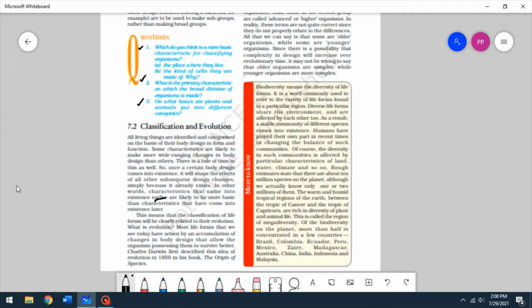So characteristics that came into existence earlier, in this case, would be basic thinking capacity, like differentiating between what can be eaten, what is edible and what is not edible, right? That is the basic thinking capacity. And they're likely to be more basic than characteristics that have come into existence later. What came into existence later? Complex thinking capacity came in later, right?